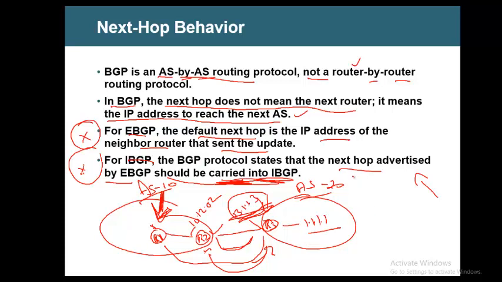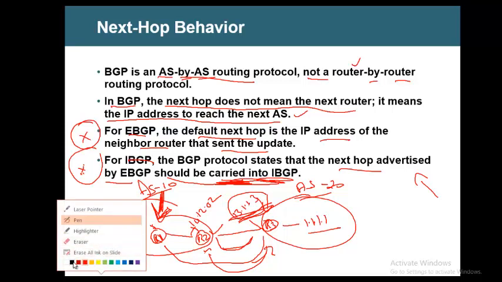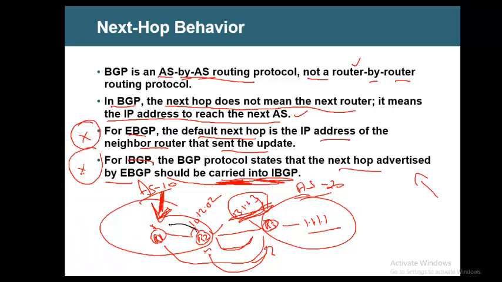What this line is telling is, when router 2 advertises about 1.1.1.1 to router 1, it will not put its own address, it will carry the address that it learned from eBGP.